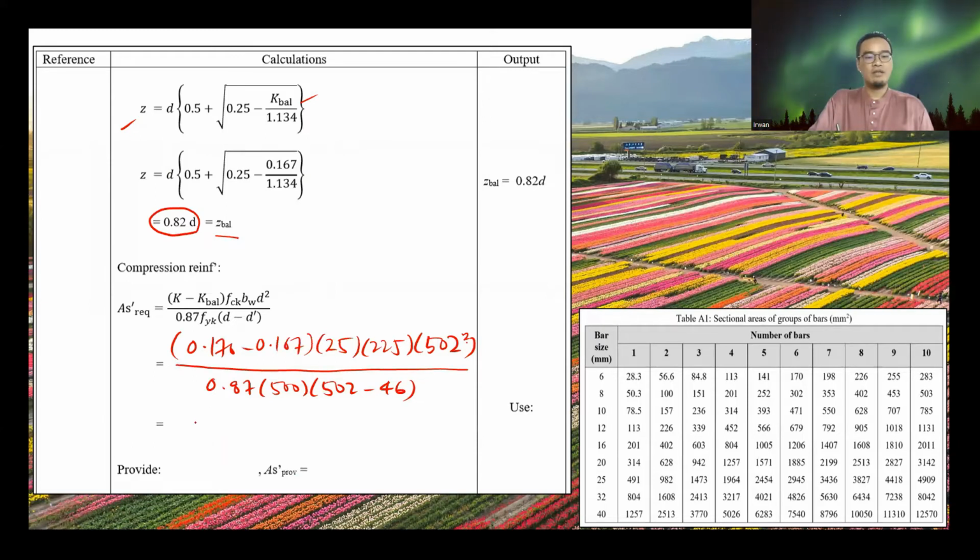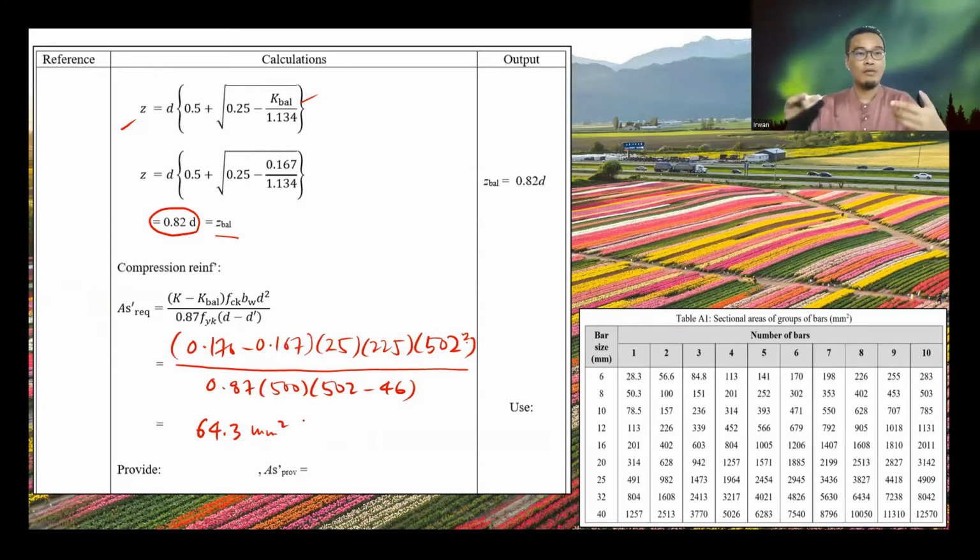Okay, good. 64.3 mm squared. So by referring to the table of steel reinforcement, which combination do you want to propose? 2H16.